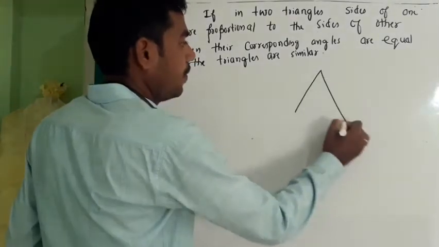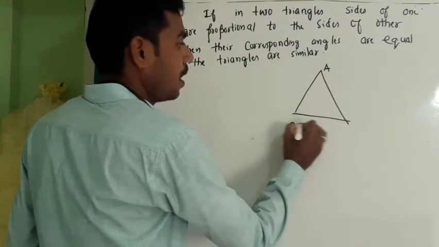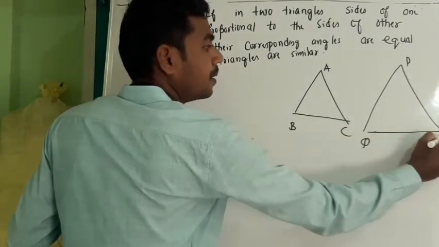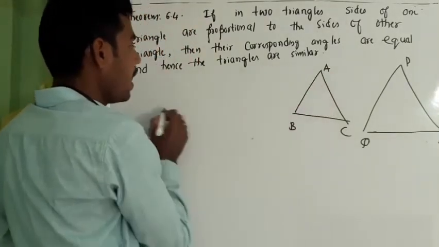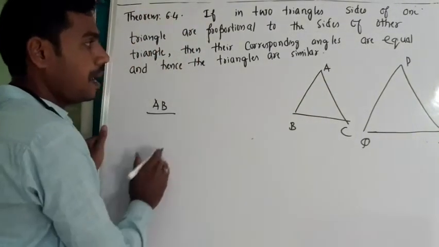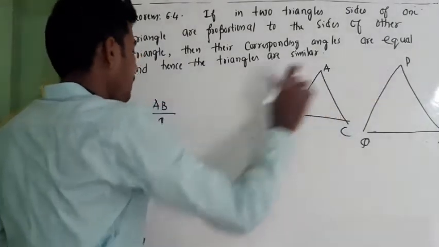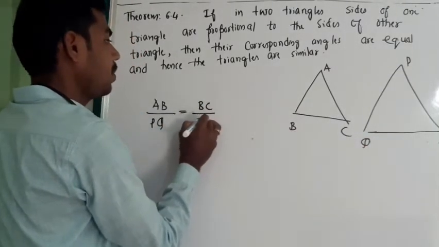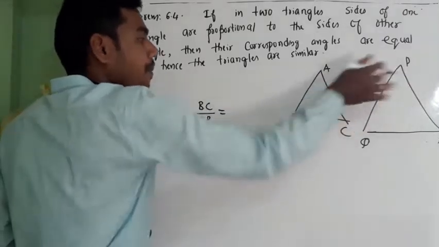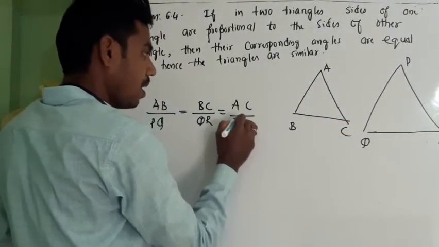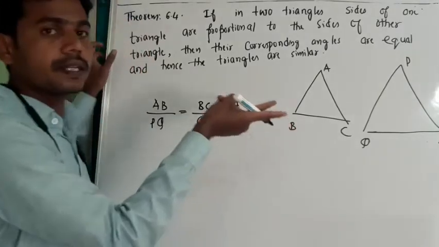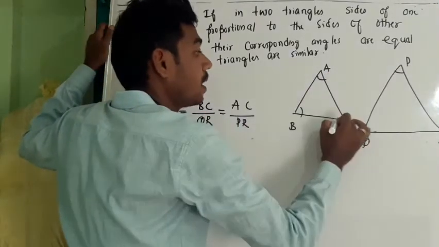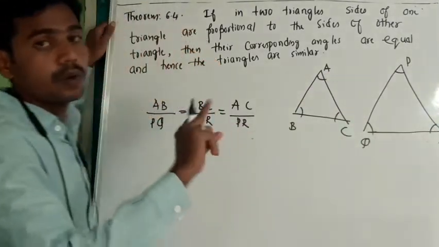If I take triangle ABC and triangle PQR, if corresponding sides AB by PQ is equal to BC by QR is equal to AC by PR, if corresponding sides of two triangles are proportional, then their corresponding angles will be equal, and hence the two triangles will be similar.